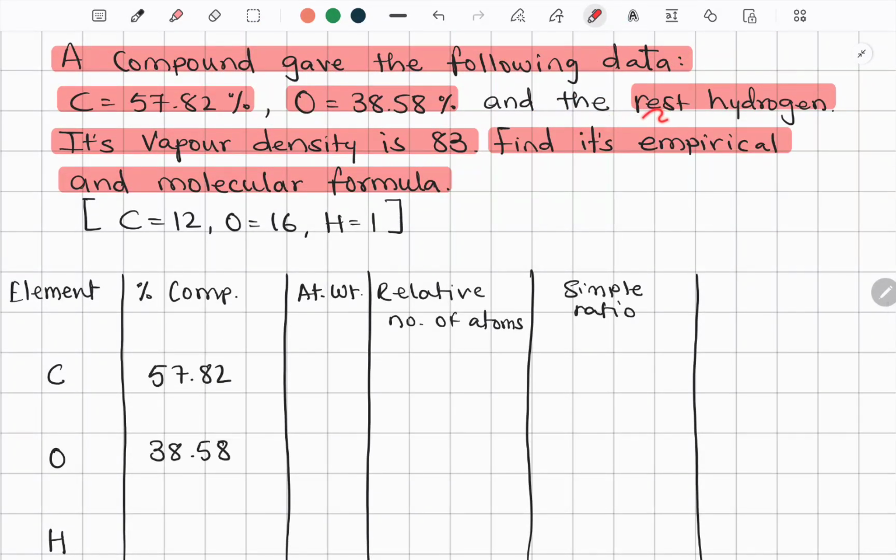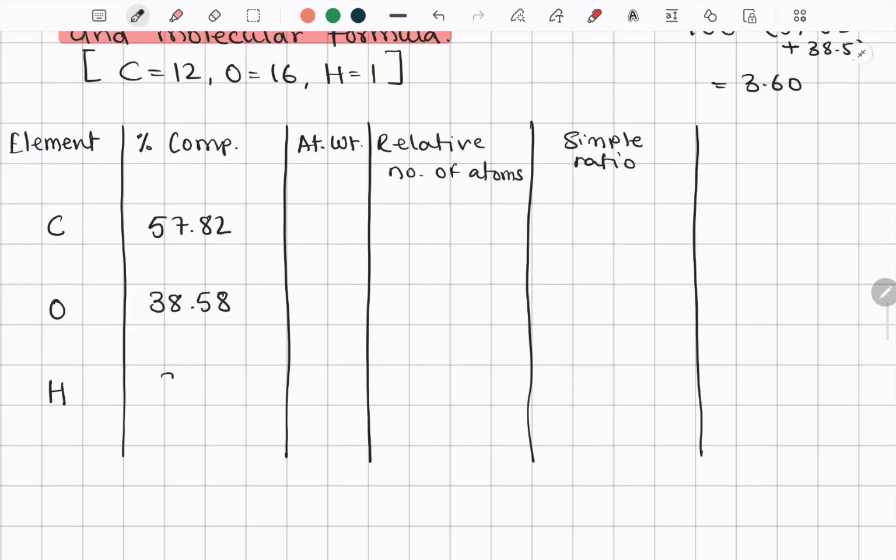In the case of hydrogen, they say it is the rest, whatever is left: 100% minus the carbon plus oxygen is the percentage remaining for hydrogen. So let's calculate it. When you subtract 57.82 plus 38.58 from 100, the answer is 3.60. So the percentage composition of hydrogen is 3.60. Correct?